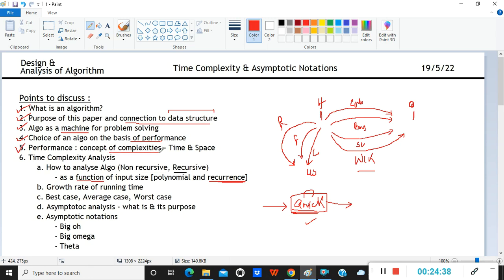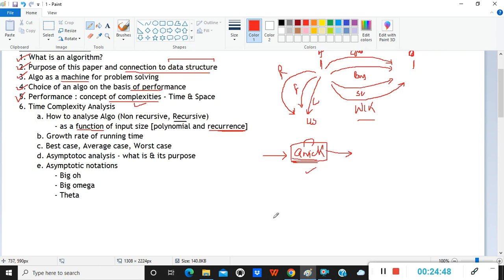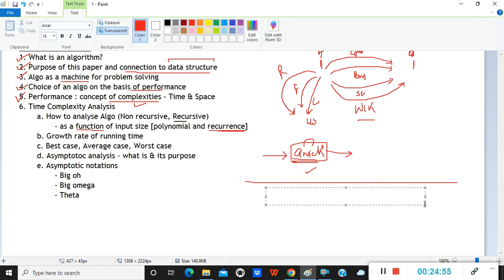Coming to the concept of complexities, let me tell you one more thing. What is complexity? Complexity means measurement. This is also a term from software engineering.